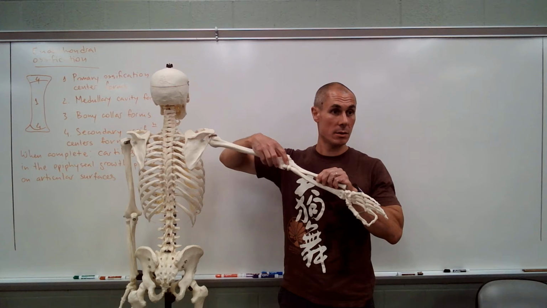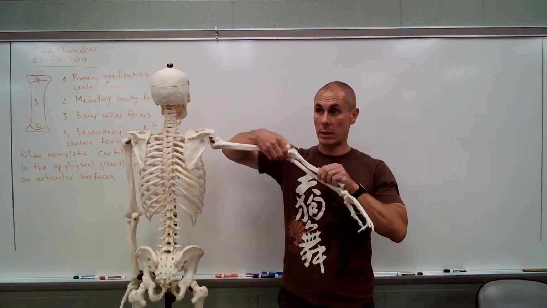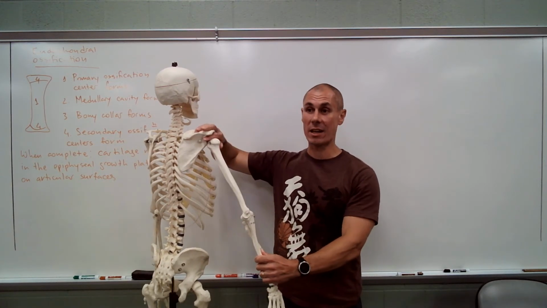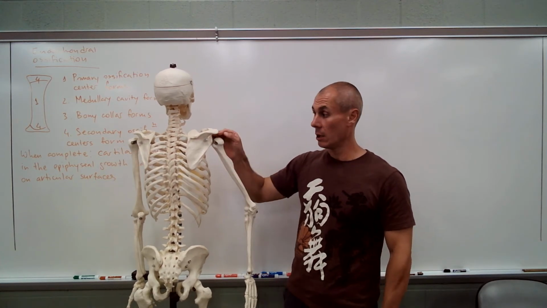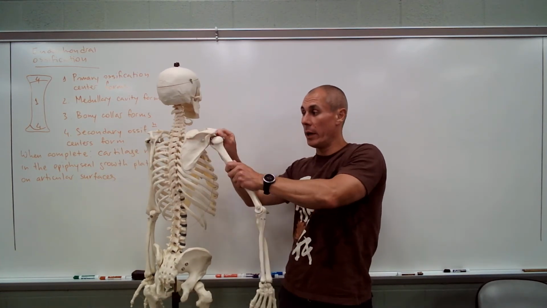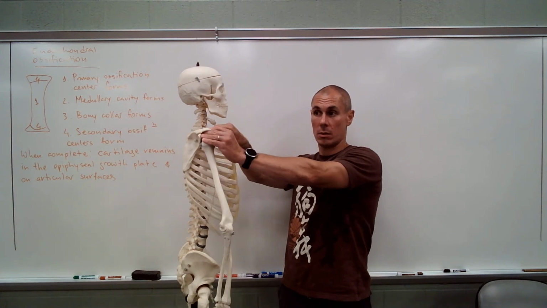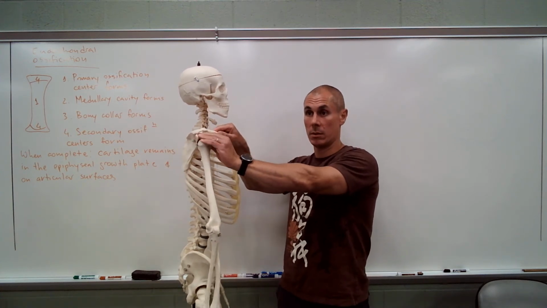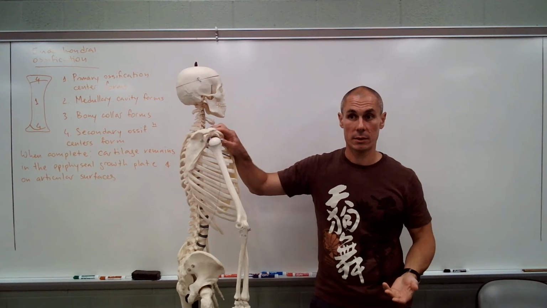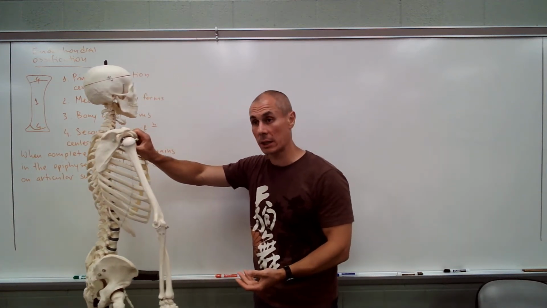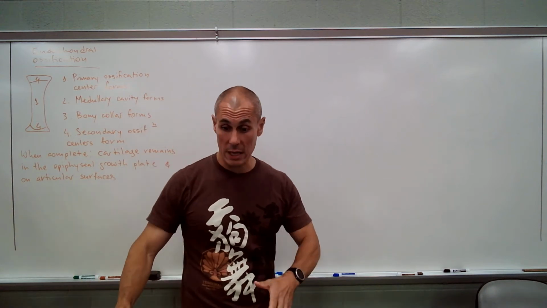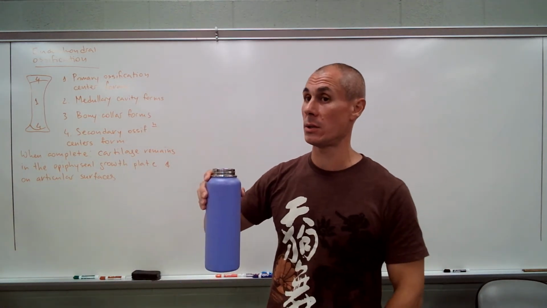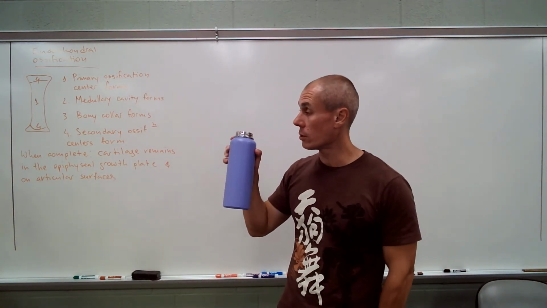Does that make sense? Like this one, the head of the humerus here is the articular surface. The surface of the glenoid cavity of the scapula is the articular surface. So this is where articular cartilage remains, and in a healthy person it stays and stays and stays. Any questions on that?